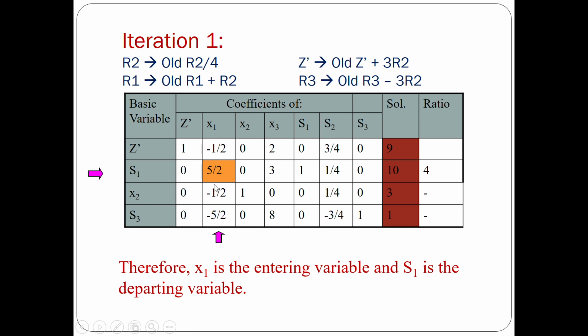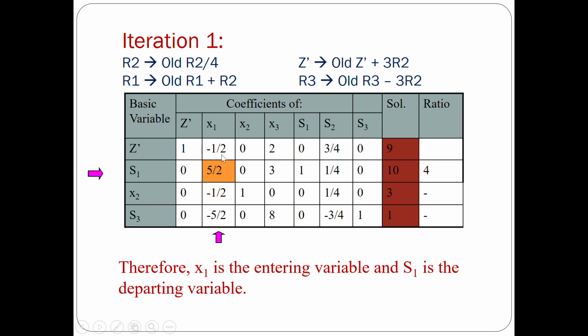So we have only one positive key column element, so the ratio should be calculated for that. The ratio is solution by the key column element, 10 divided by 5 by 2, so it will be 4. So we have only one ratio, so obviously we will be choosing this row as the key row, and this will be your key element.